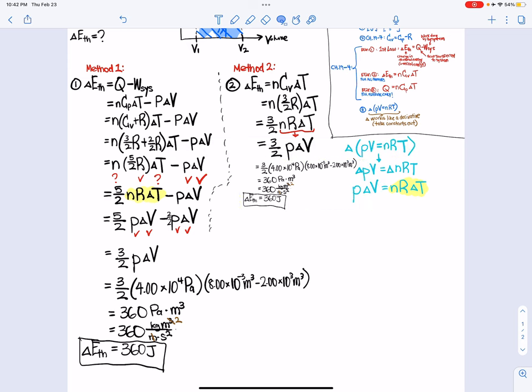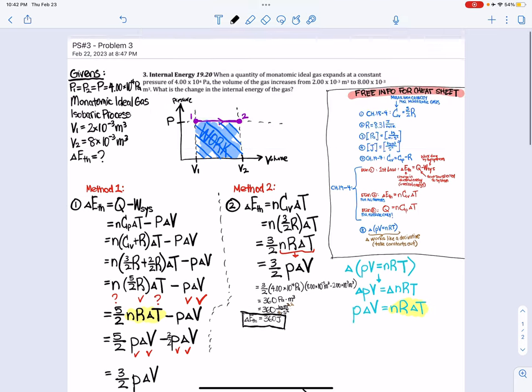Okay, there you go. So same thing, you just plug and chug and you would get that the change in thermal energy is equal to 360 joules. So these are the two ways of solving this problem, okay? Hope that helped.